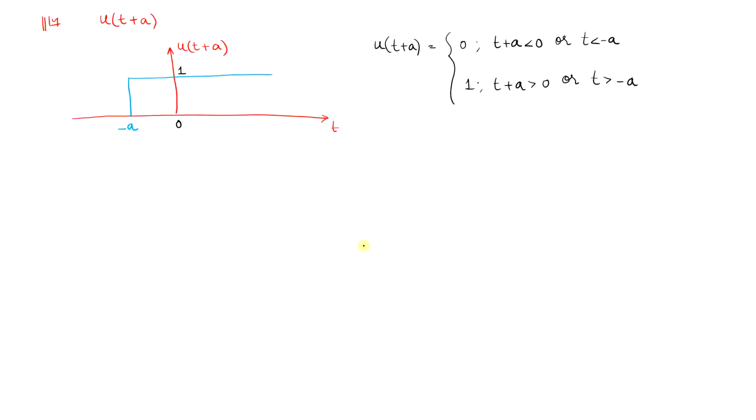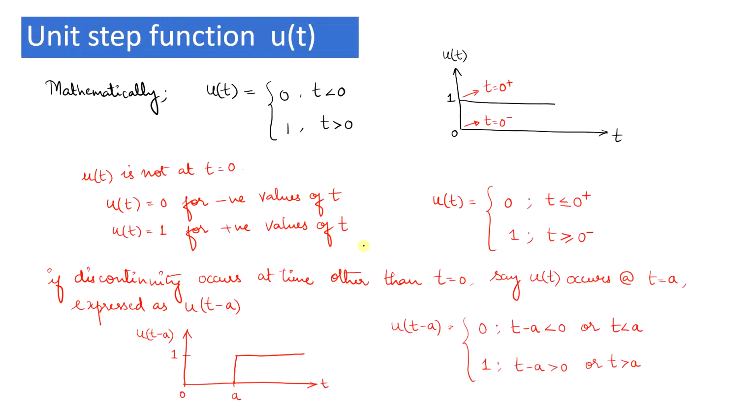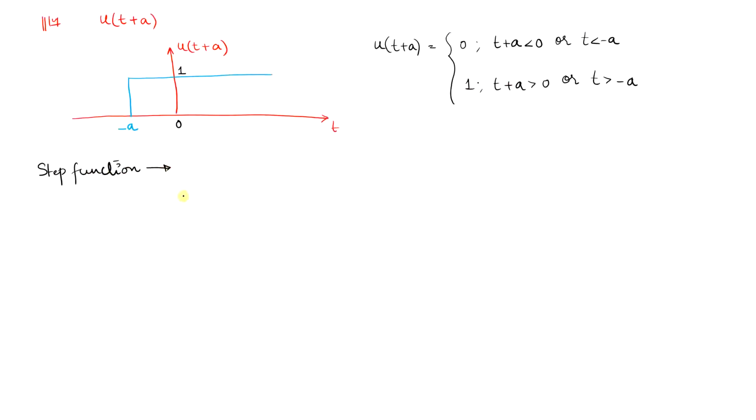Now this unit step function can sometimes also be called as the step function. We can use this step function to represent the abrupt change in voltage or current, and mainly these kind of abrupt changes that you observe, they tend to occur in the control engineering systems and the digital systems.